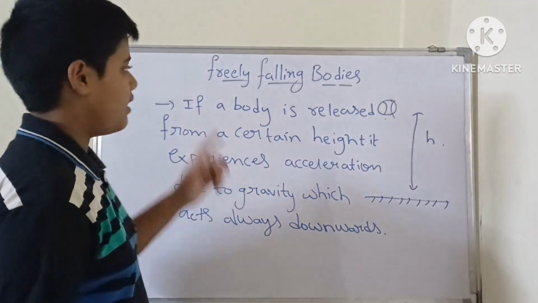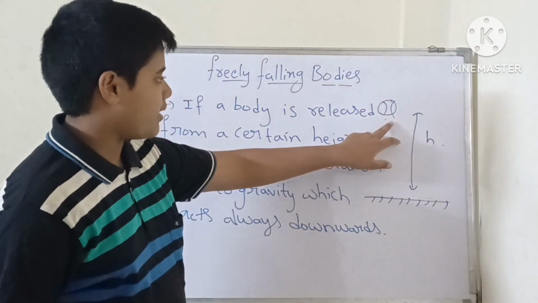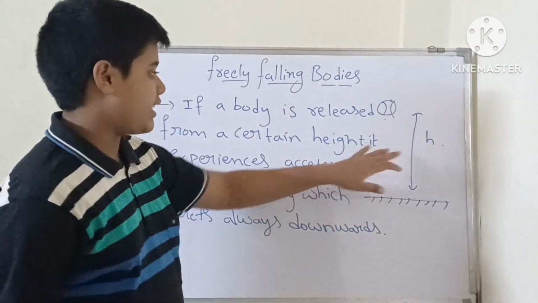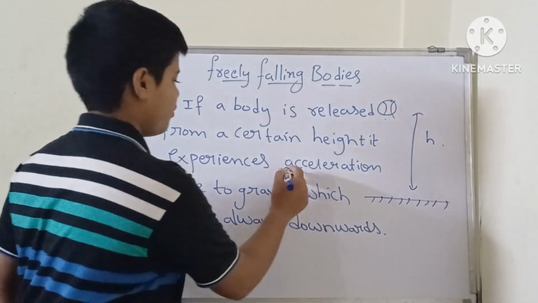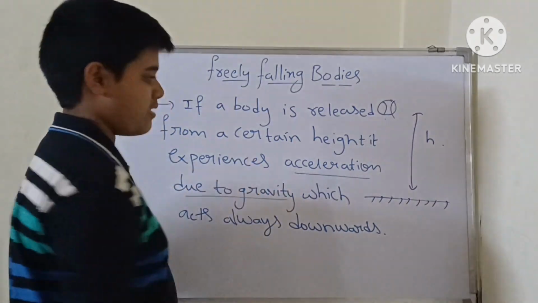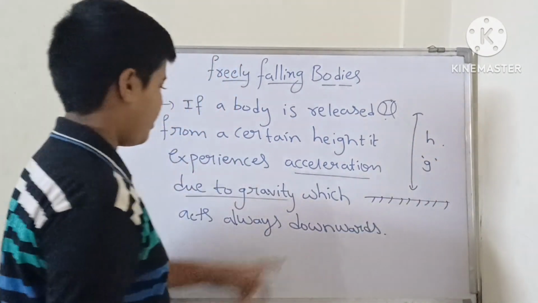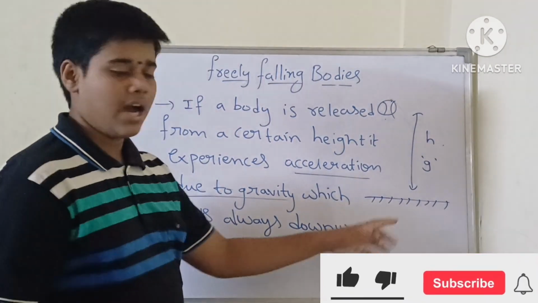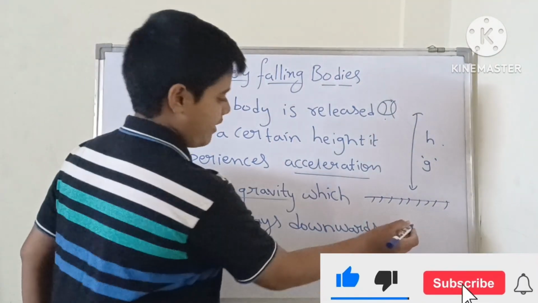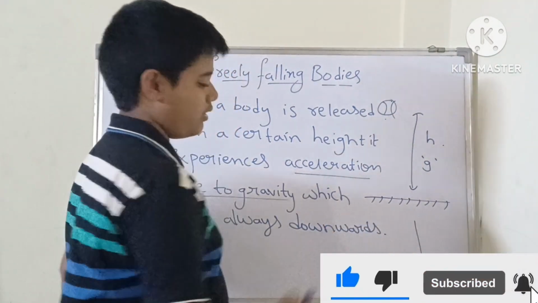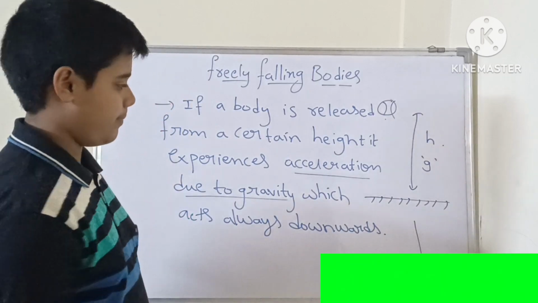Okay. Here, if a body is released from a certain height, it experiences acceleration due to gravity, which means g, and which acts always downwards. Gravity acts always downwards. Okay.